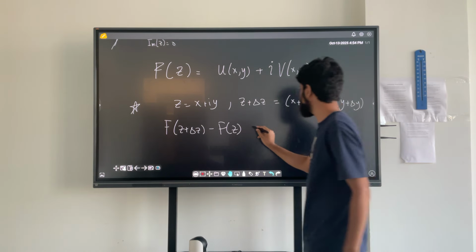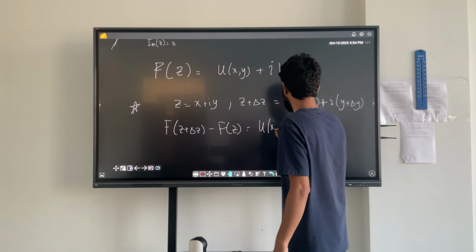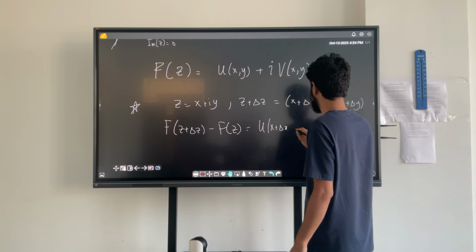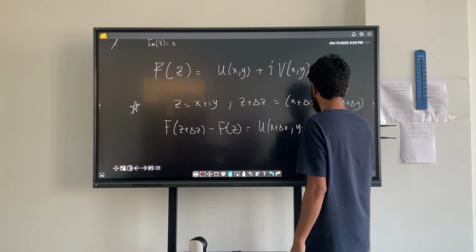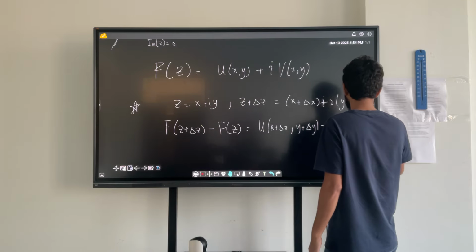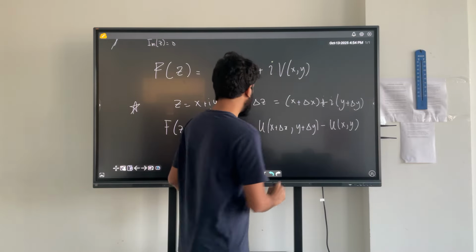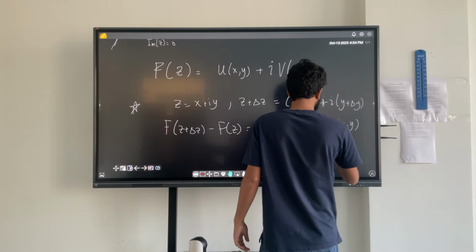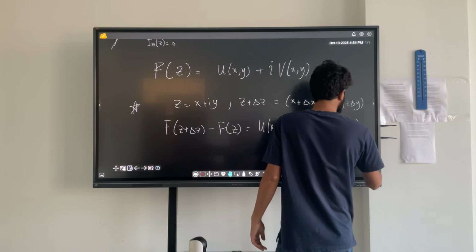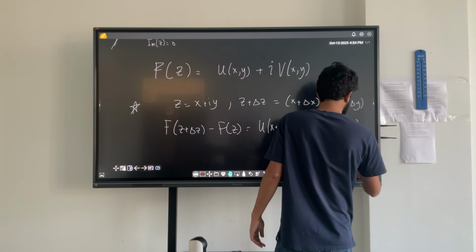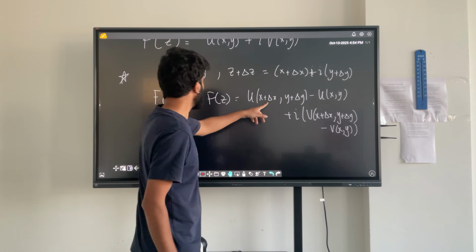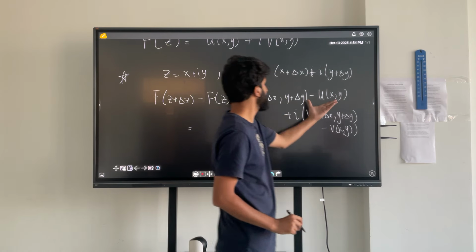So this is basically u of x plus delta x, y plus delta y, minus u of x comma y, plus iota times v of x plus delta x, y plus delta y, minus v of x comma y.